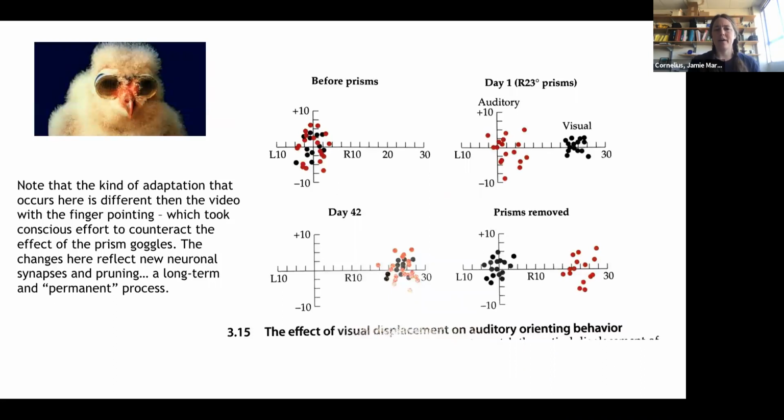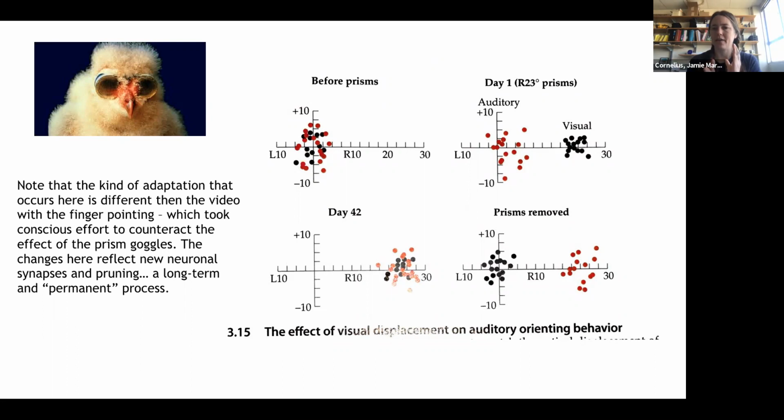You have the first graph showing before the prisms, where the acoustic signal and where the bird turns its head to put its eyes are matched. But then you put on prism goggles that are shifted 23 degrees, and now all of a sudden the response to the acoustic cues is correct, but the response to visual cues is shifted by 23 degrees. So these are two different signals, essentially.